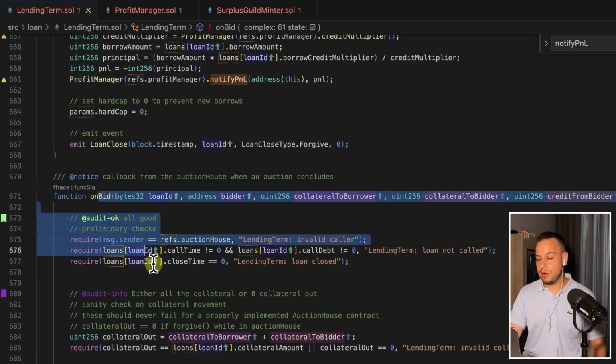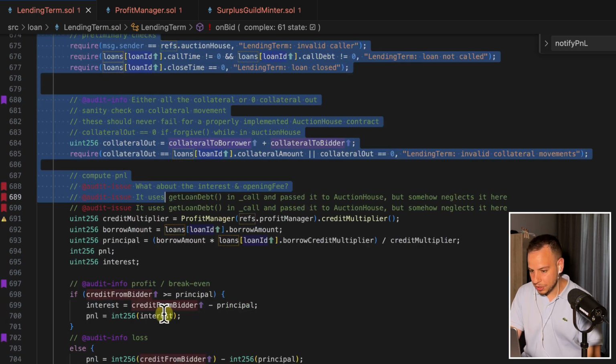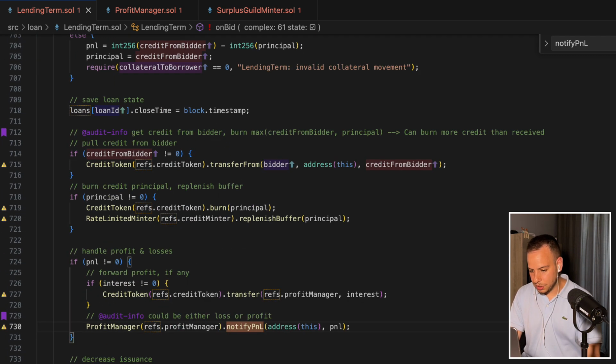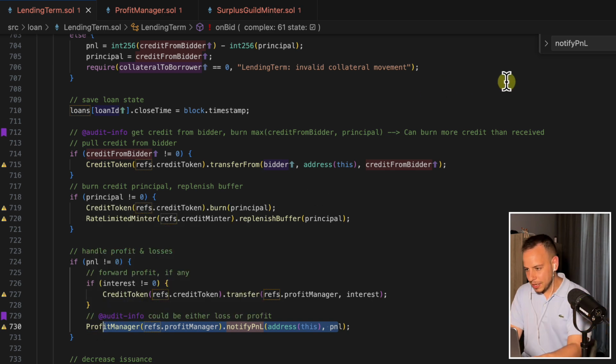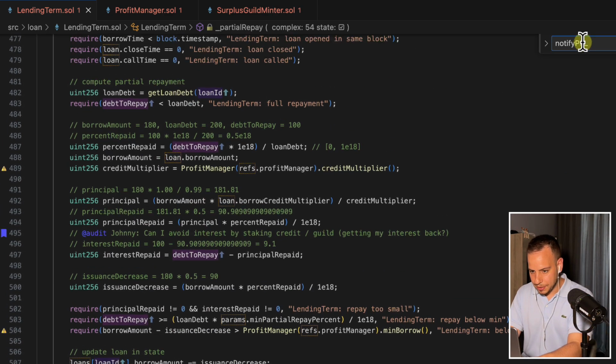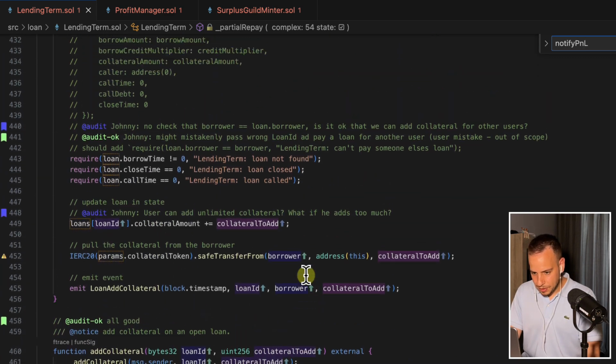On bid, if you remember, when auction happens, a position is being liquidated and someone is bidding on it, then we need to notify the profit and loss to the profit manager, because we either lost money or earned money based on the liquidation point where it was liquidated, and also in partially repay. Yeah, so you can either repay all your payment and then your position will be closed, or you can repay partially some of it.